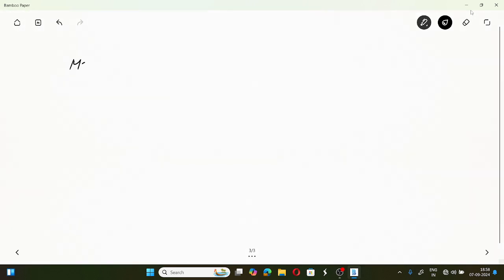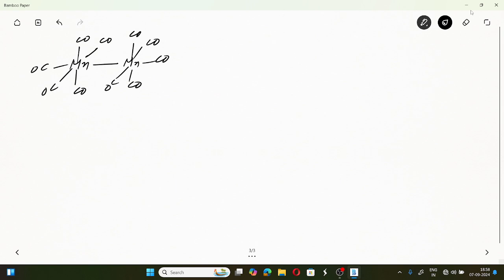If you look at Mn2(CO)10, and this hydrogen molecule, we know that it has σ and σ*. There is a pair of electrons in σ, and σ* is vacant for hydrogen.